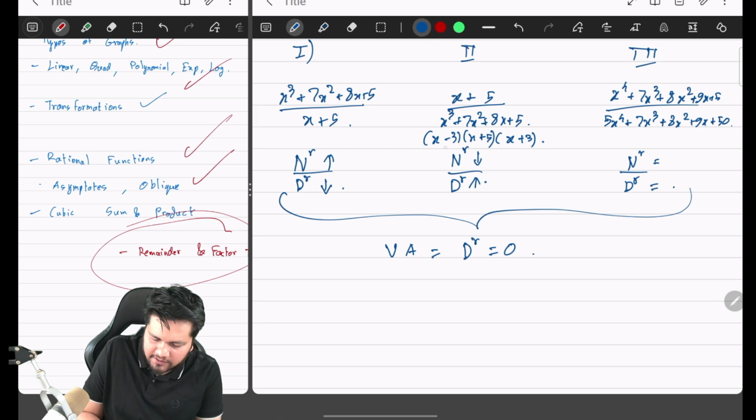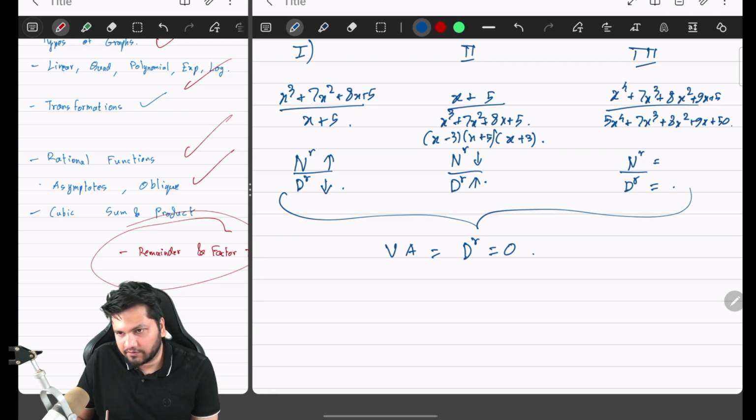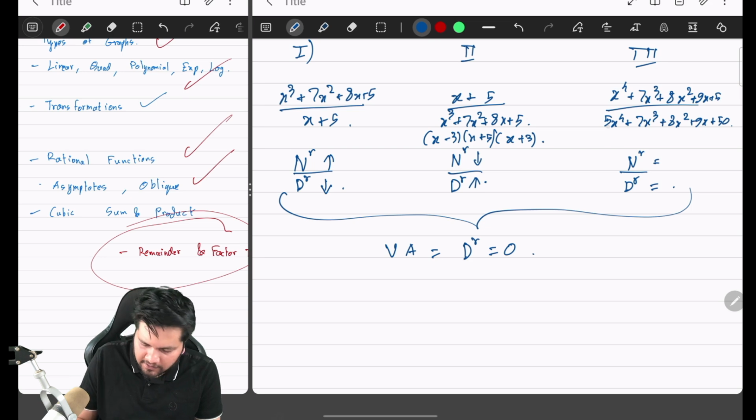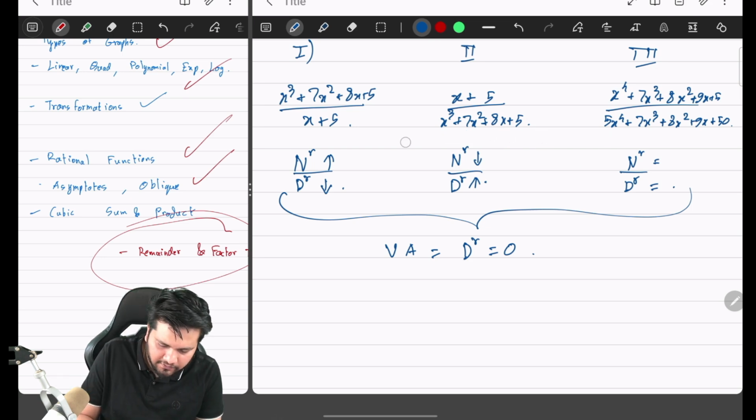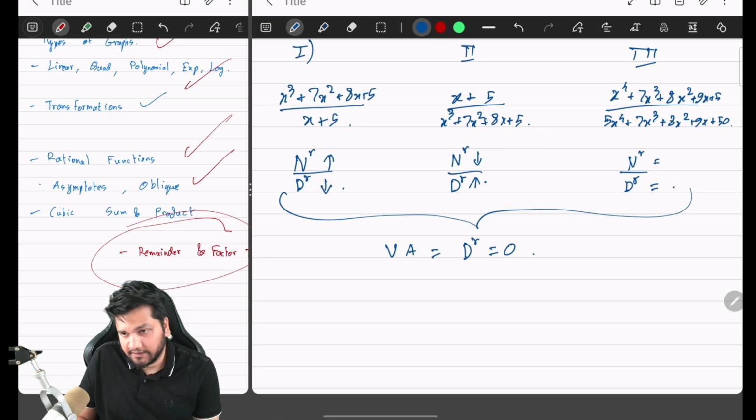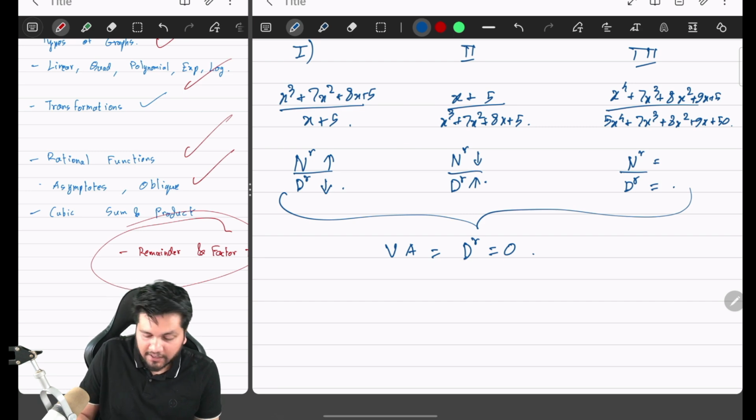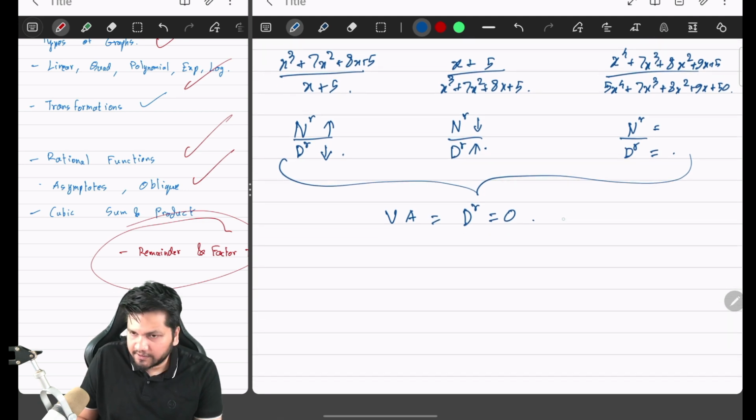So here the vertical asymptotes would be at x is equal to 3, at x is equal to minus 5, and at x is equal to minus 3. 3 vertical asymptotes we are going to get. Here maybe there is a possibility of 4 vertical asymptotes, and there could be a possibility that there won't be any vertical asymptote if we are not able to factorize this one. So then obviously there is a possibility that there are no vertical asymptotes in this case. So wherever the denominator is 0, that time we will get a vertical asymptote.